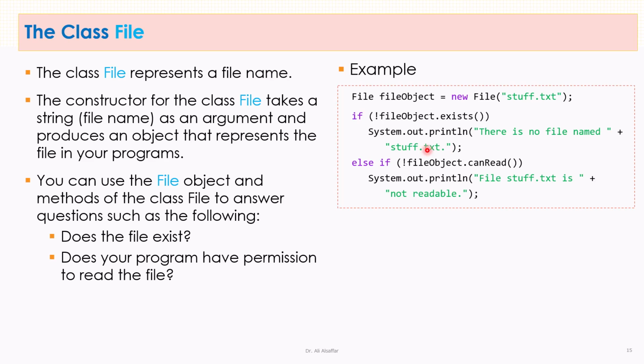In the else statement, we are also using a Boolean method defined in the File class called canRead. This method tells us whether the file is readable or not. If it returns true, then the file is readable, otherwise it is not. So if the method returns false, a message is printed: file stuff.txt is not readable.